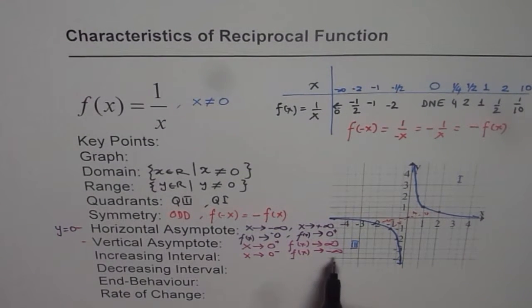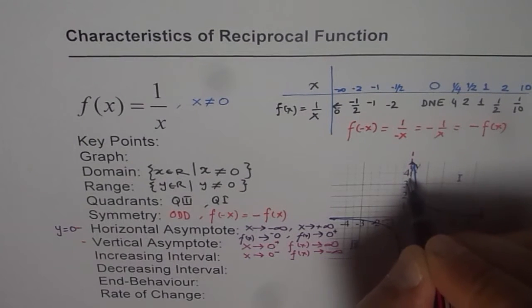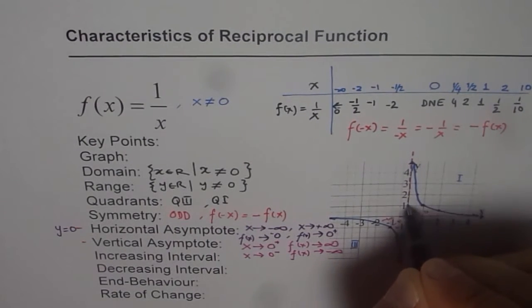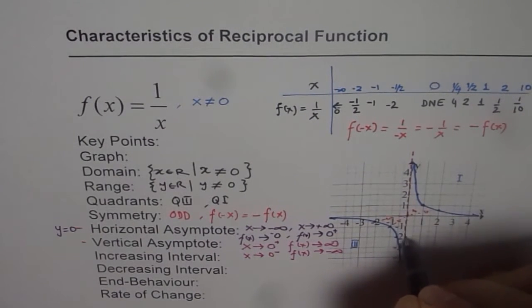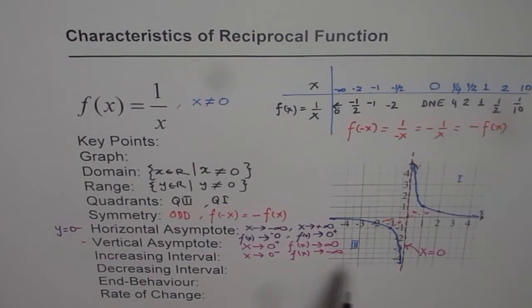So in that case, if the function approaches an infinitely large value as you approach some x value, let us say a, in this case it is 0, we say there is a vertical asymptote, and this line which it is trying to approach, let me draw it with a dotted line, is called a vertical asymptote. And the equation of this line is x equals 0, right?